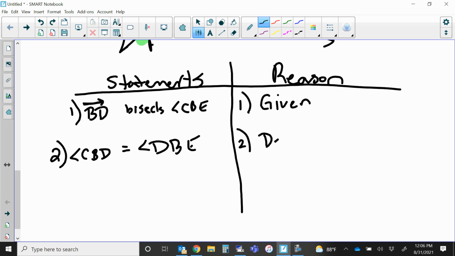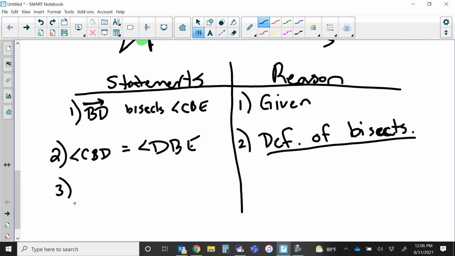That's the definition of a bisector. That is the definition of bisects. Is this vocabulary over here? Yeah. Now number 3, let's look at this.